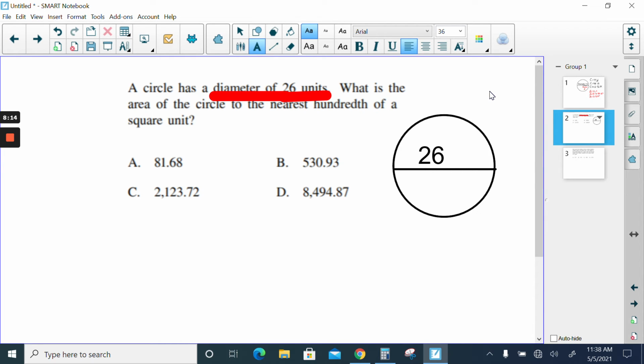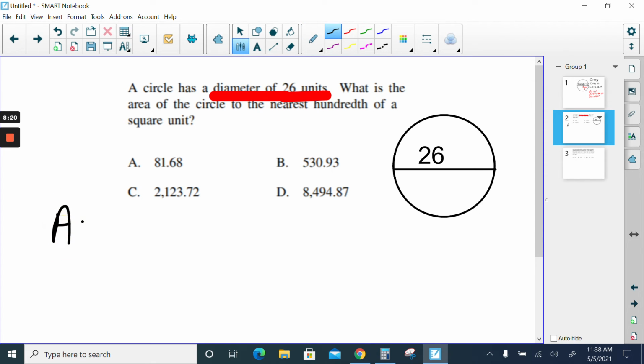Now going back to my formula from the previous page, area equals pi times radius squared. I do not have enough information at this point to solve this. They give me the diameter, 26 units, but the formula asks me for the radius.